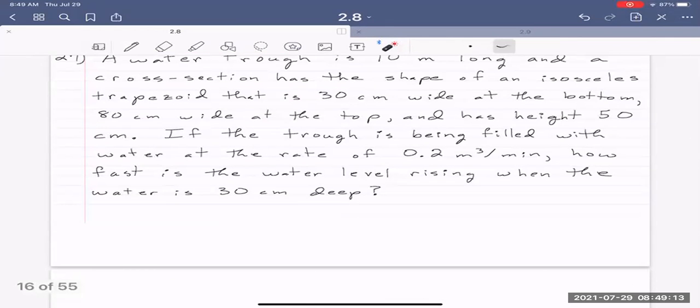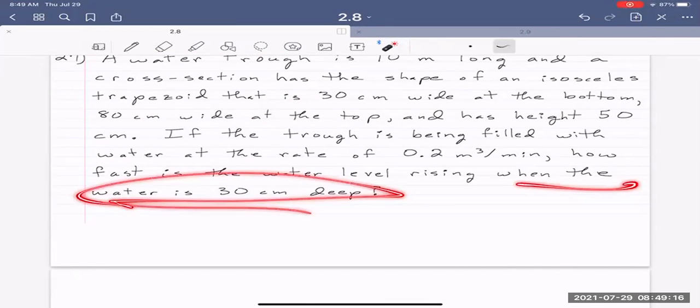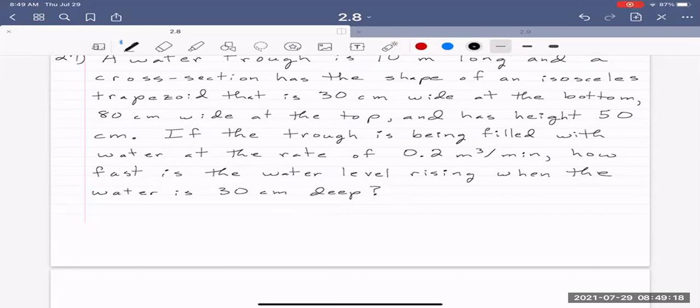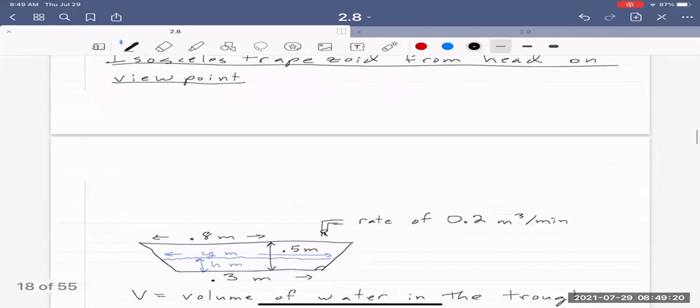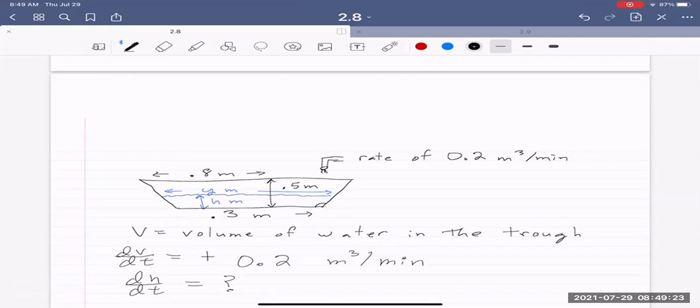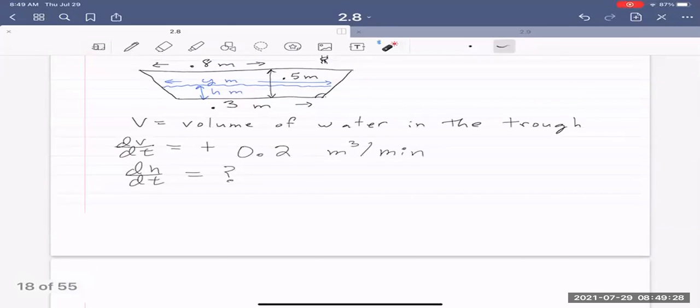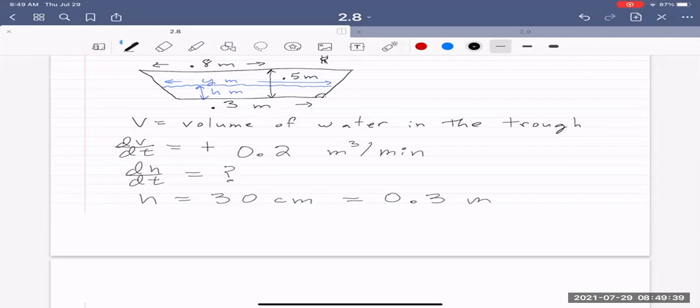Well, I want to determine that when the water is 30 centimeters deep. When the water is 0.3, 30 centimeters we know is 0.3. And so I want to figure out when this height here is 30 centimeters. Let's rewrite this in terms of meters. So when H is 0.3 meters. Okay.